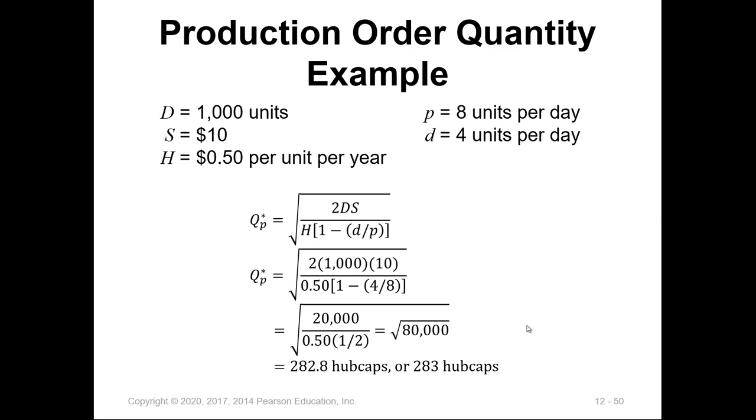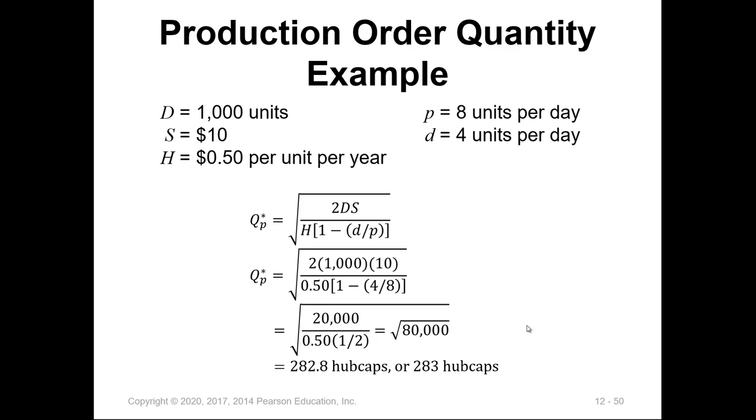A manufacturing company forecasted demand for the next year to be 1,000 units. With an average daily demand of 4 units per day, the production process is most efficient at 8 units per day, but uses 4 of them per day. So production is 8, uses 4.